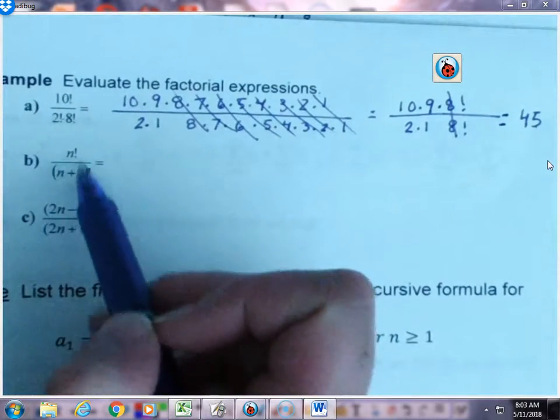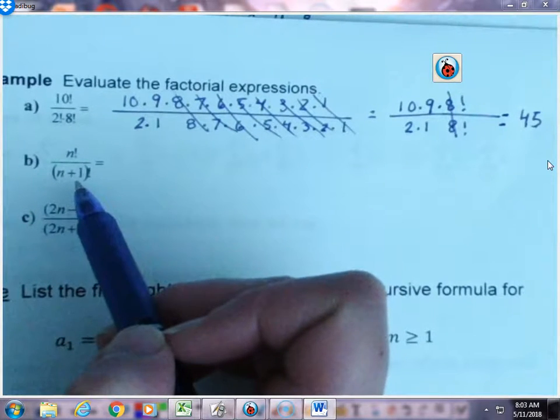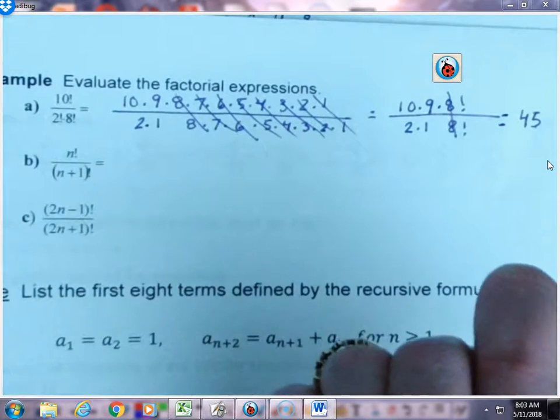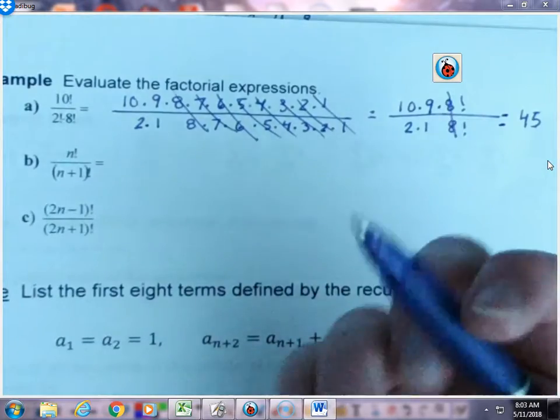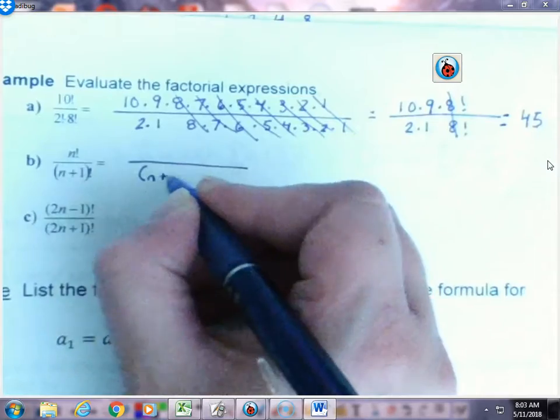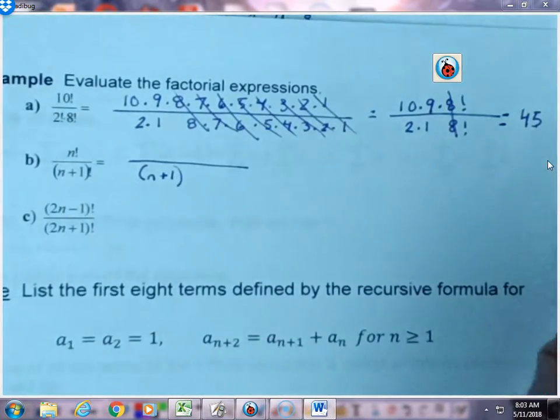Alright, so similarly, it's a little bit hard to think about with variables, but you just start with whichever one's higher. So between n factorial and n plus 1 factorial, which is bigger? N plus 1 factorial. So I'm going to start with that one, and I'm going to go down by 1 every time until I match what's in the numerator. If you go down 1 from n plus 1, where are you? n.